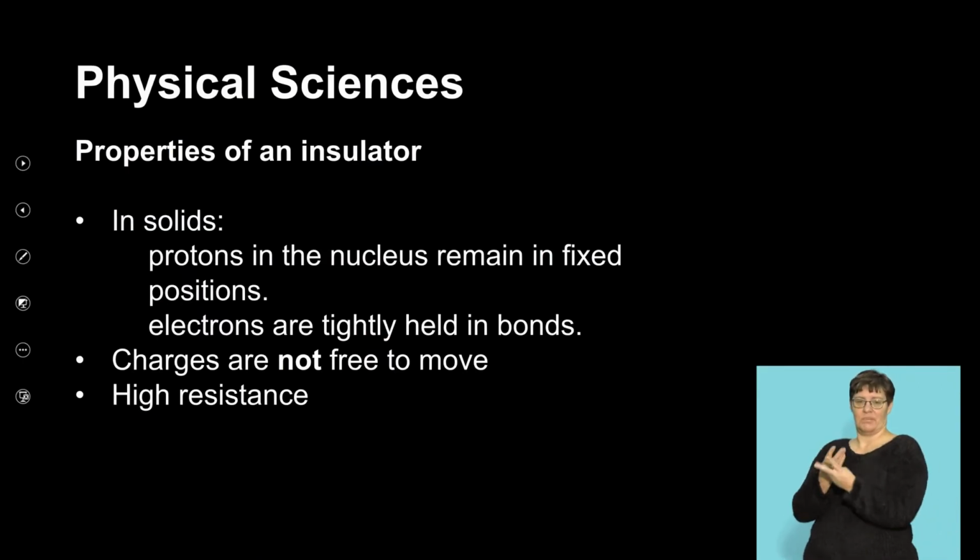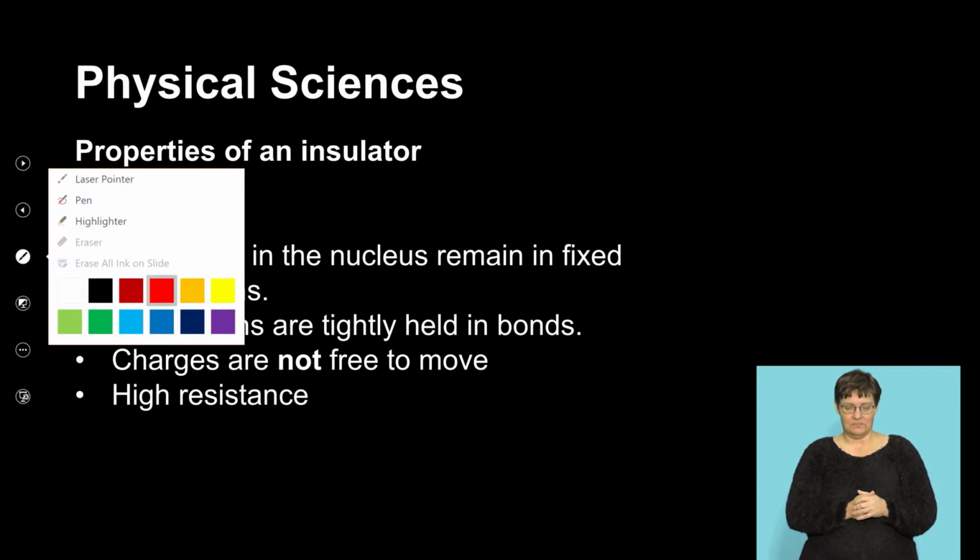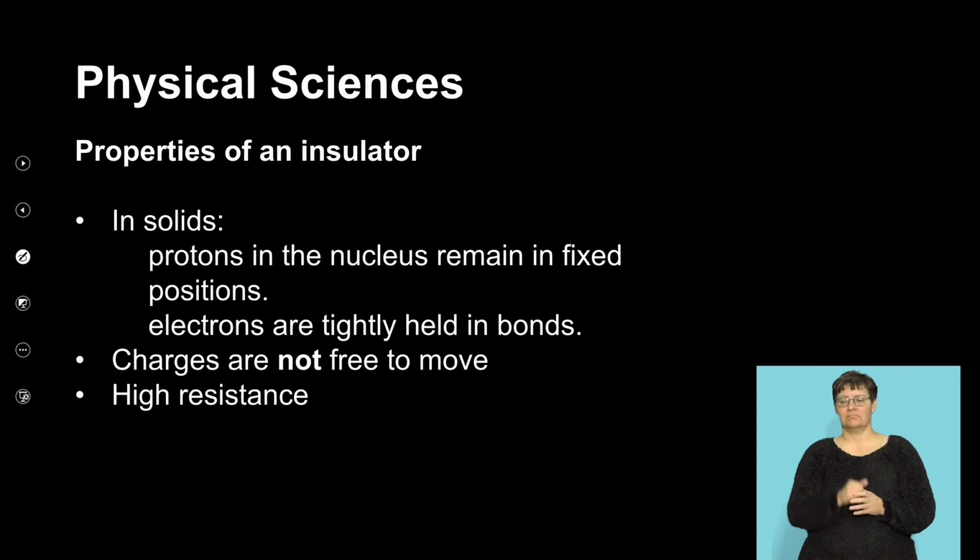Now we are going to look into some of the properties of insulators, but this takes us back to our understanding of the physical properties of materials, as we have looked at in the past. It says here, in solids, remember most of these electrical conductors that we use are in solid form.